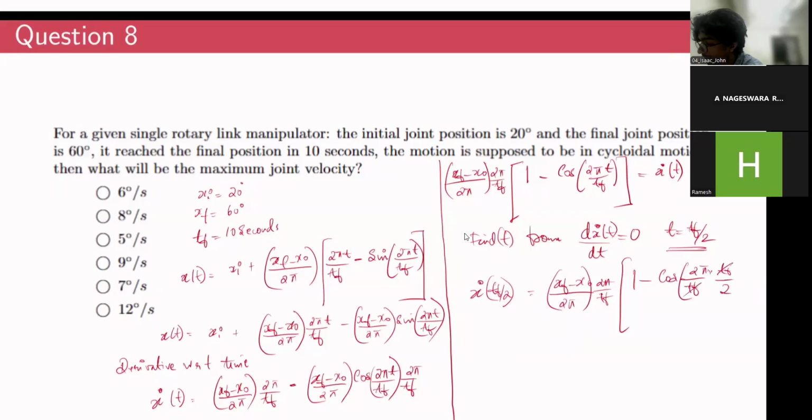So this tf and this tf will get cancelled. This will also get cancelled. So you'll end up with cos pi. So cos pi is minus 1. So the term inside this bracket would now become 2.